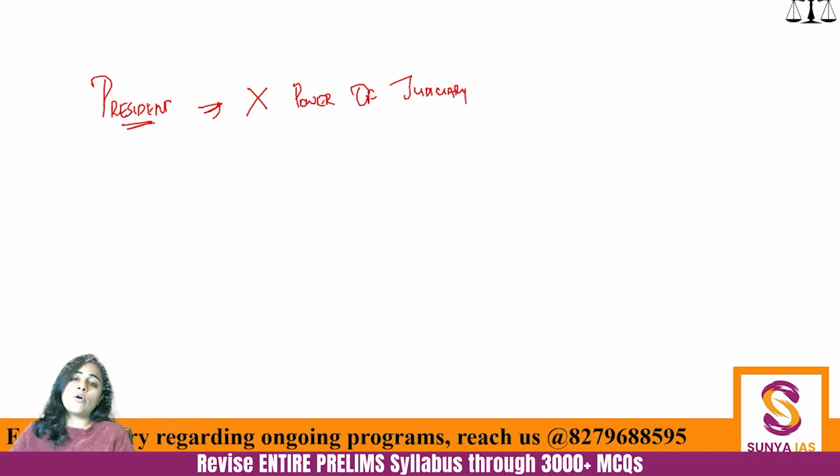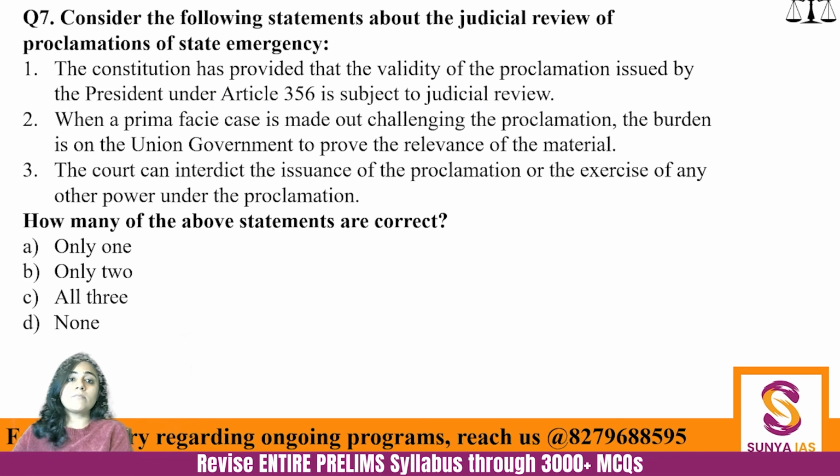So the president for that particular state can become the government, can become the prime minister, can become the chief minister, but cannot become the judge of these particular courts. Fine. I hope you understand this. This is what separation of powers means, right?